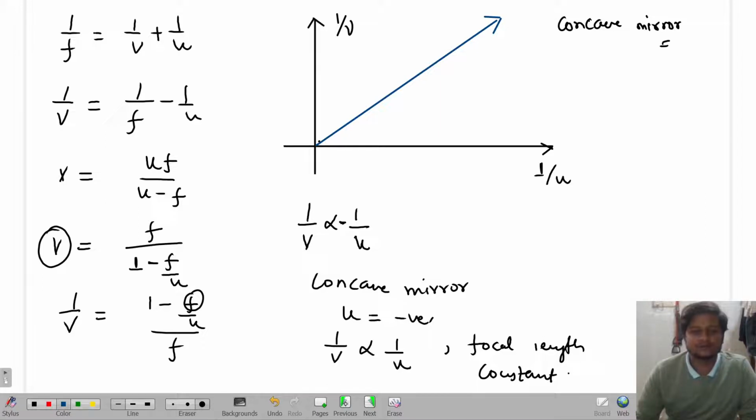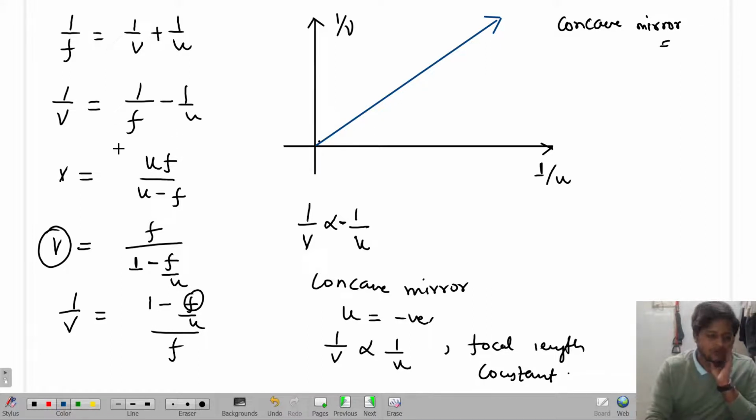See, sir, 1 by F is equal to 1 by V plus 1 by U, so 1 by F minus 1 by V will be equal to 1 by U. Now, if U is increasing, 1 by F minus 1 by V must decrease. Why, sir? Because if U is increased, the denominator is increasing, so the total value on the left hand side must decrease.